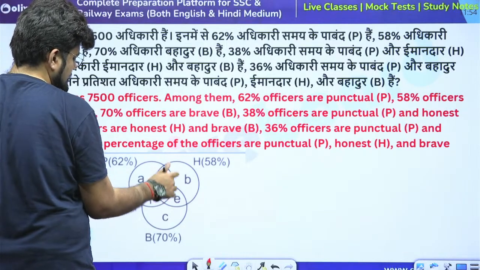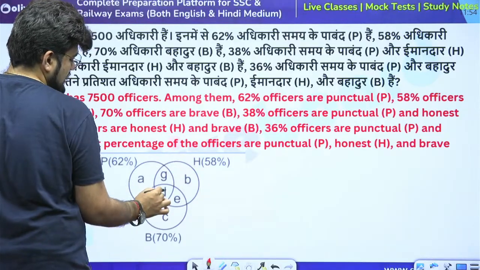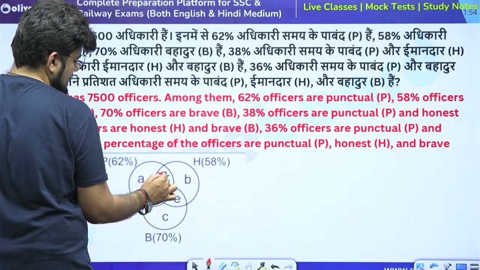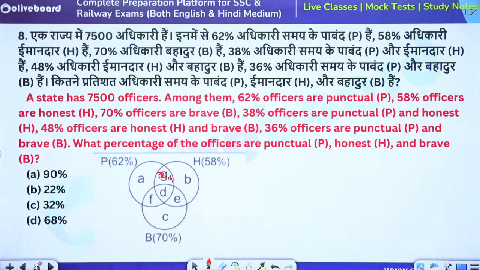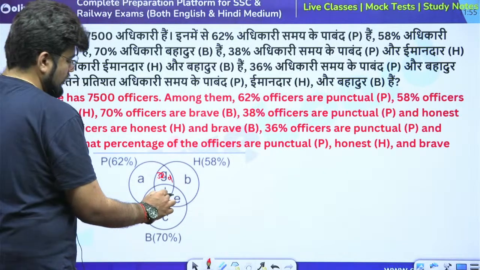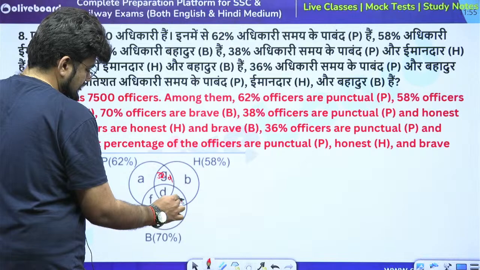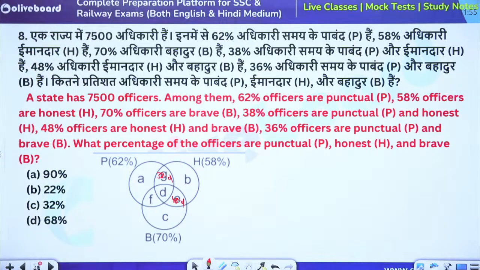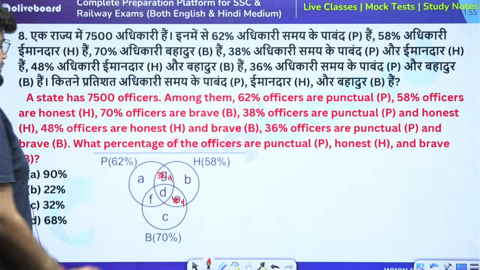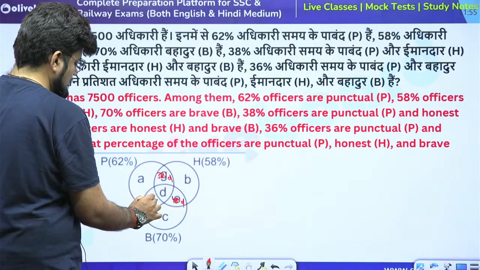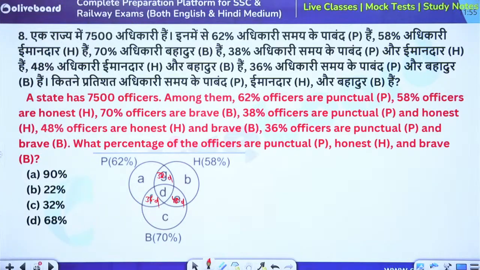But I think if this is D, this is 38 minus D, right? 48 are honest and brave. Honest and brave, 48 minus D. And 36 are punctual and brave. 36 minus D. What percentage are punctual, honest and brave?